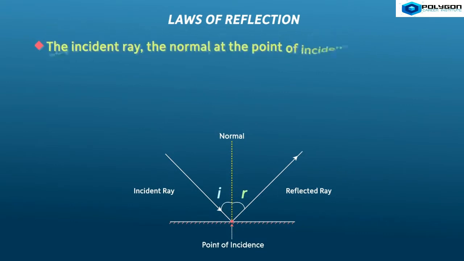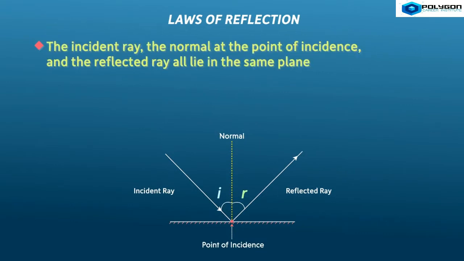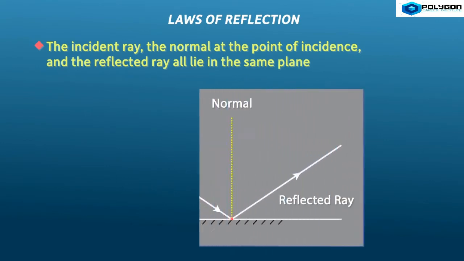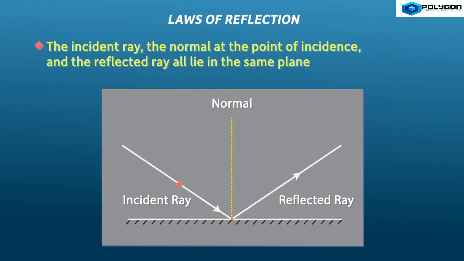The second one tells us that the incident ray, reflected ray and the normal all lie in the same plane. So if I draw this scenario on a piece of paper, I will get this. The incident ray, the reflected ray and the normal all three lie in the plane of the paper. The second law tells us that they will always be on the same plane.